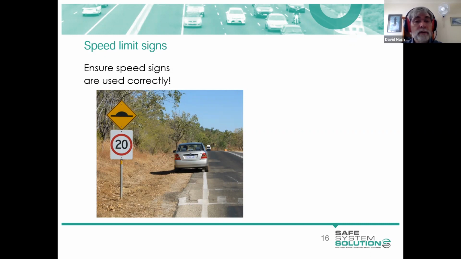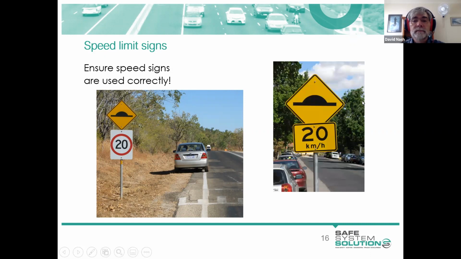And because the roads in Northern Territory go for a very long distance, that speed limit of 20 kilometres an hour applies legally along the length of the road until you get to the next speed limit sign, which might be in Alice Springs, who knows? So let's be careful about things like that. It should be a 20 km/h advisory speed on a yellow background, not the regulatory one.